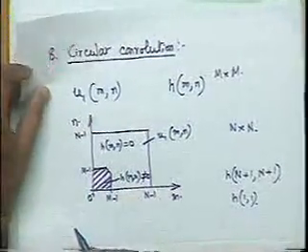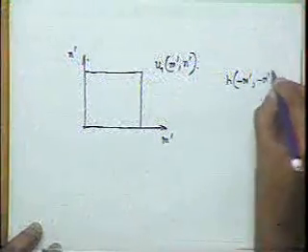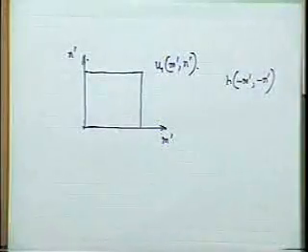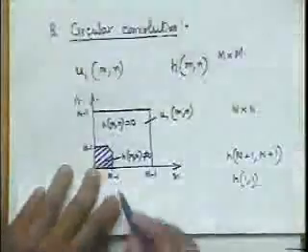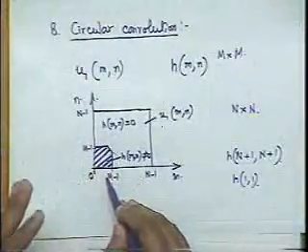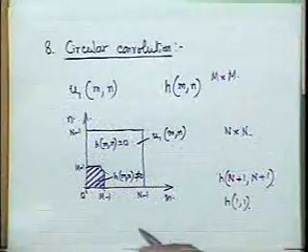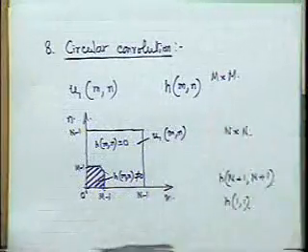How should I draw this function? My H of m n was like this, and I want to draw H of minus m prime minus n prime. I have to just fold over this function. So whatever I have drawn like this, I should now draw like this, a folded function of this form.